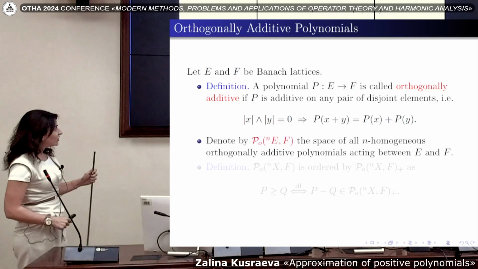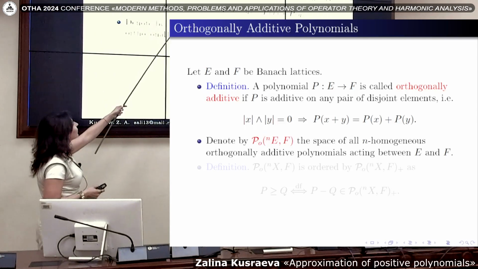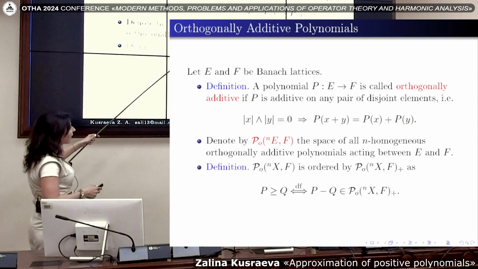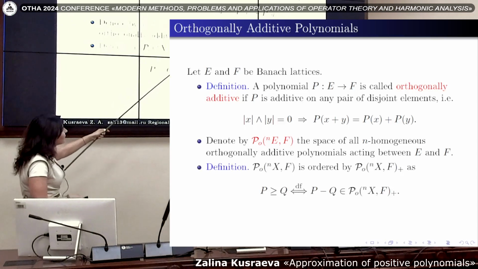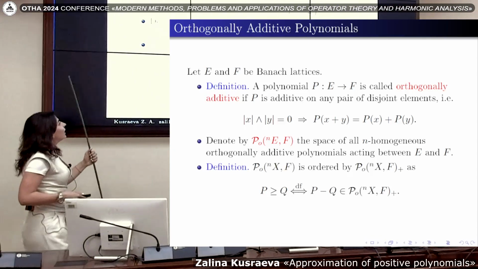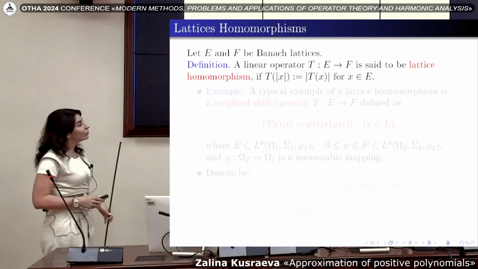So again, notations: the space of orthogonally additive polynomials is denoted by this symbol. The ordering is introduced in the same way. The cone of positive polynomials is denoted by this symbol. And homomorphism.